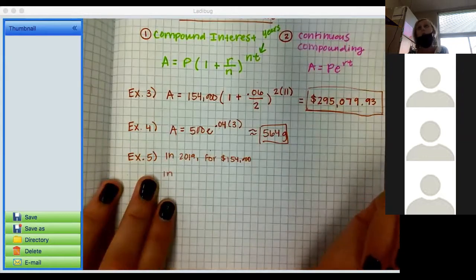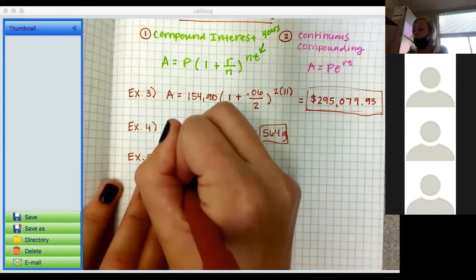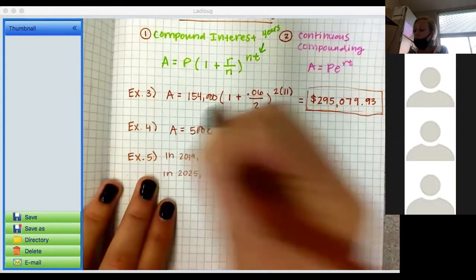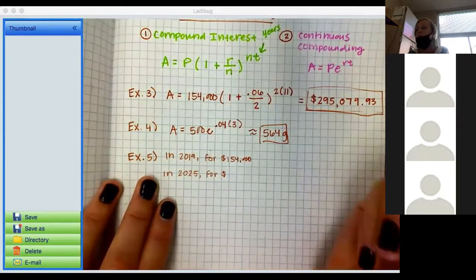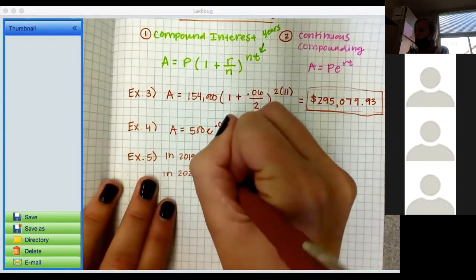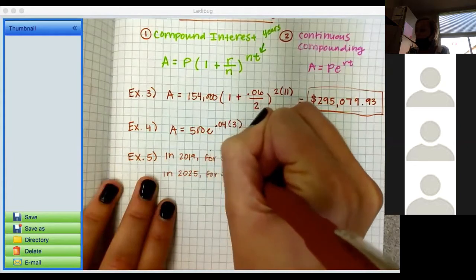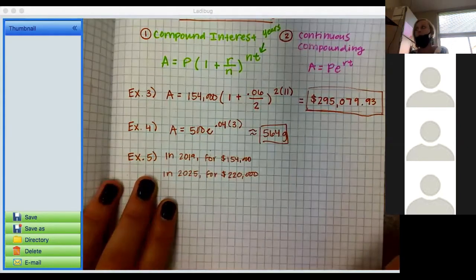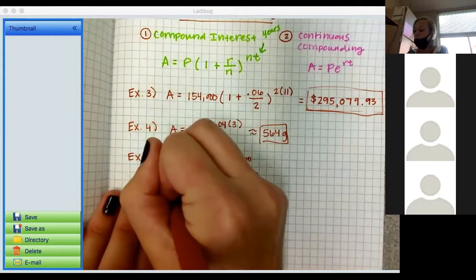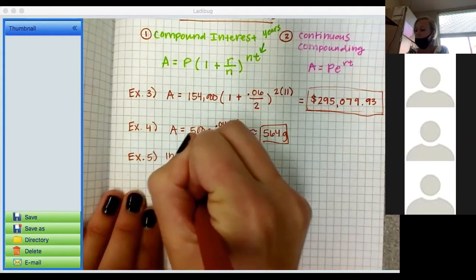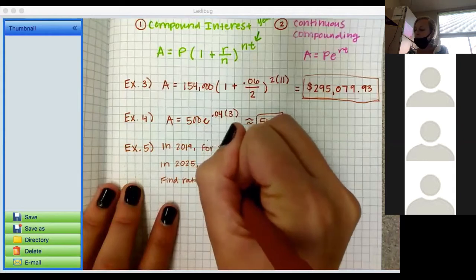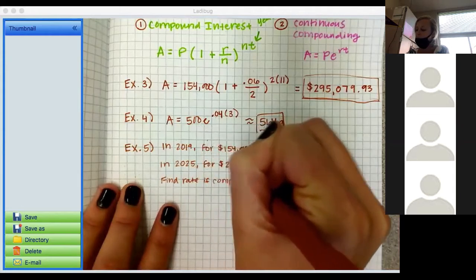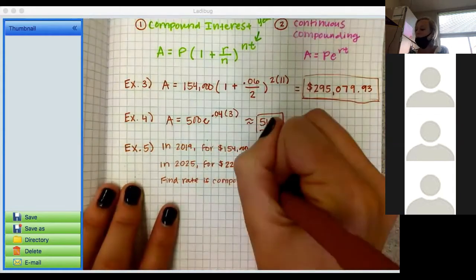In, I don't know, let's say 2025, I sold the house, or I will sell the house, for $220,000. Find the rate if it was compounded quarterly.